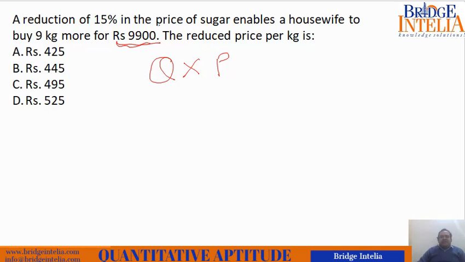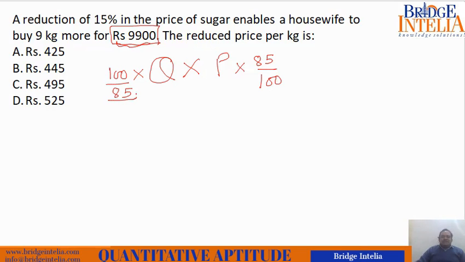Now reduction of 15% in price. So you want to reduce the price by 15%. So now you have to multiply this by 85 by 100. So to balance, because the expenditure has not changed, Q will automatically get multiplied by 100 by 85.